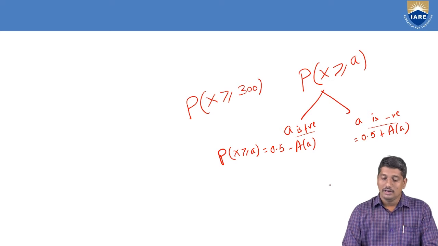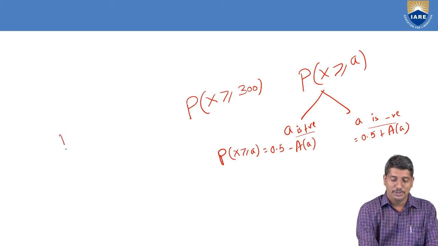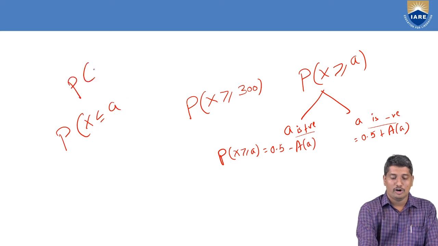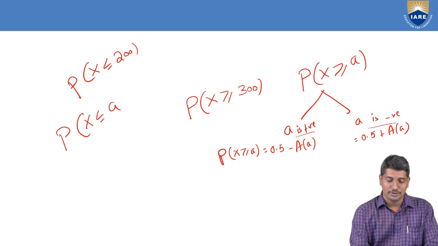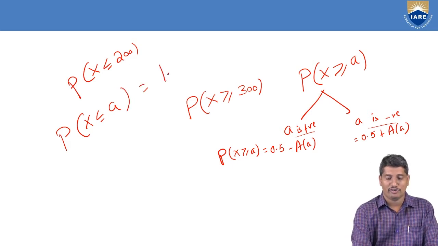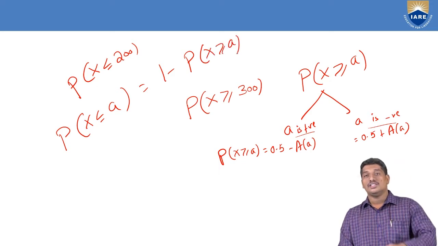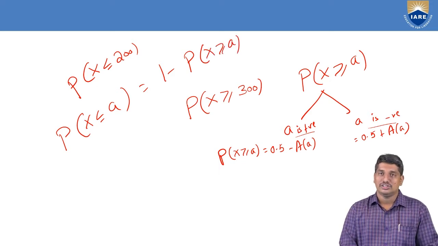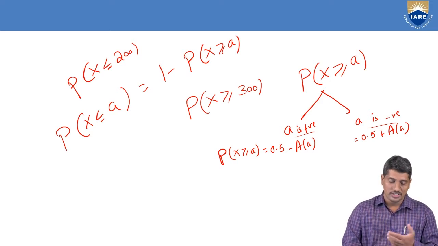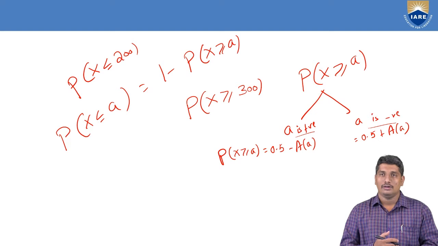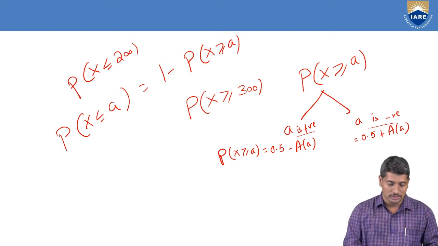And the third case, that is P(x ≤ a), for example India will be all out for less than 200 runs, will not score more than 200 runs. For this situation, we just use the complementary formula, that is 1 − P(x ≥ a), and hence we can easily calculate. So this is the theoretical background about the formulas. Now let us take a problem and try to solve it using this.